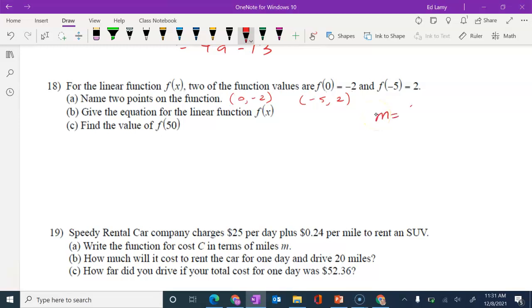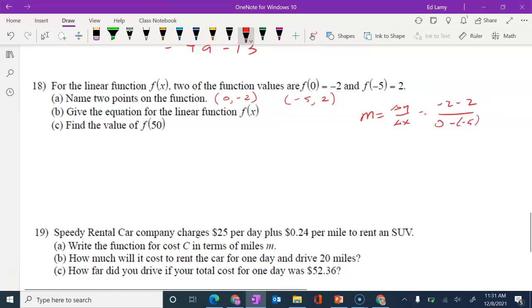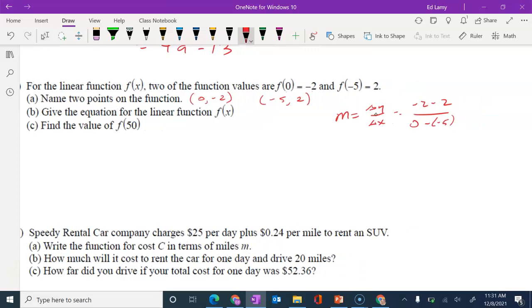The slope is the change in y over the change in x in the 2 points. So it's -2 minus 2 over 0 minus -5. So I've got -4 over +5. That's our slope, -4/5.